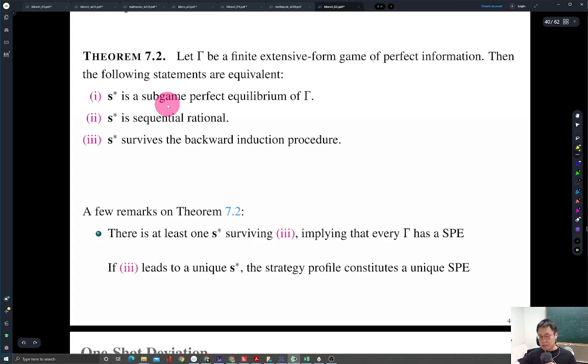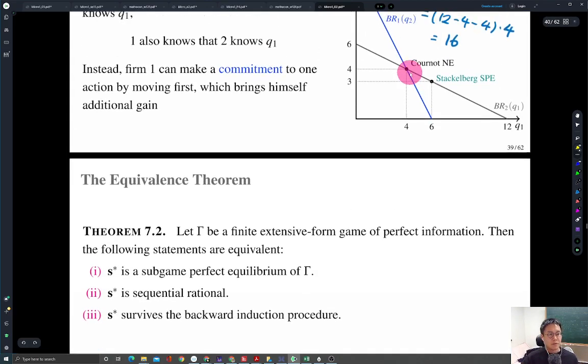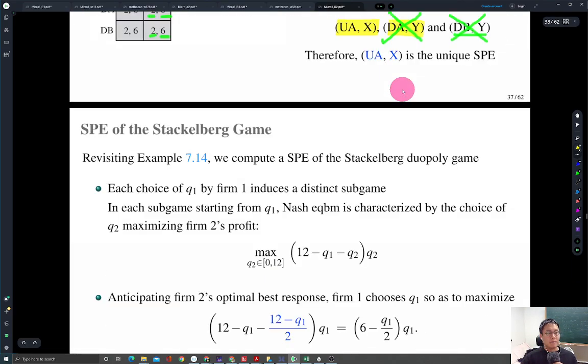And we also defined subgame perfect equilibrium. It does not only require Nash equilibrium in the entire game, but also requires Nash equilibrium play in every subgame. But in extensive form games of perfect information, meaning that every successor can perfectly observe the predecessor's move when that player makes a decision, in other words, there is no dotted line.